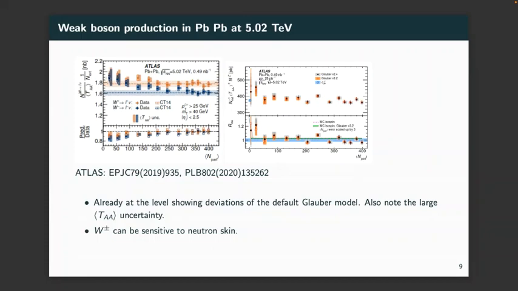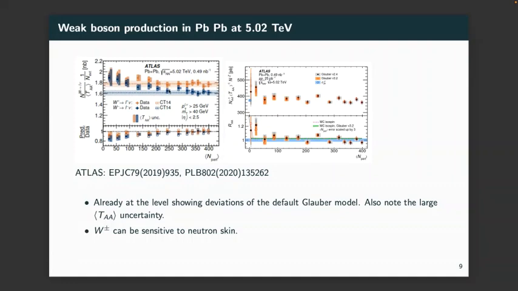So this is the W plus in red and W minus in blue, as they measure in lead-lead collisions and scaled by the number of binary collisions. So it's supposed to be flat if we really know what the model is doing. But of course, it's not flat.